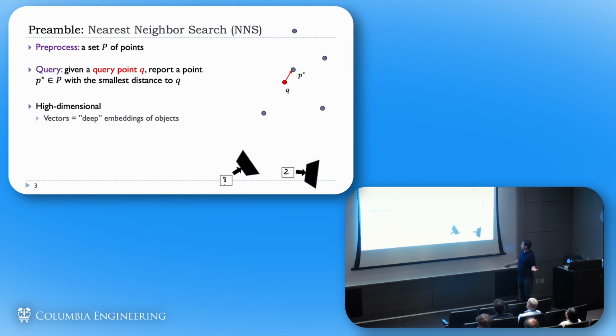Typically what you would do is train some kind of model that will represent these images as vectors, and the geometric structure between these vectors represents some kind of semantic relationship between these images. You can think about these as images or documents or something else.